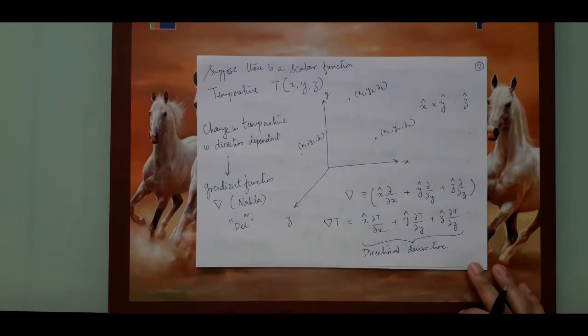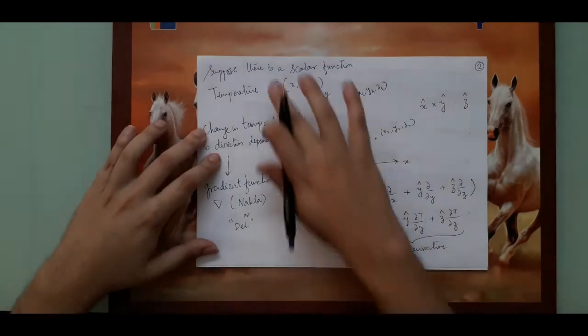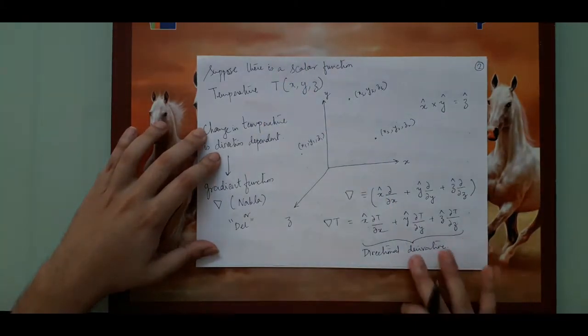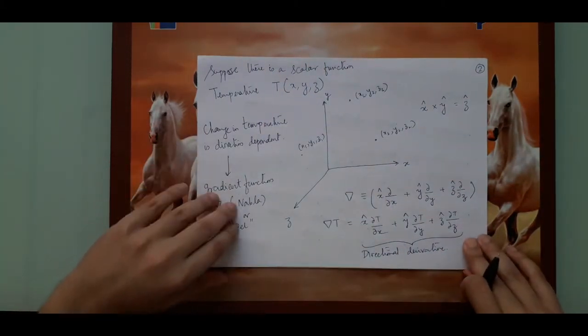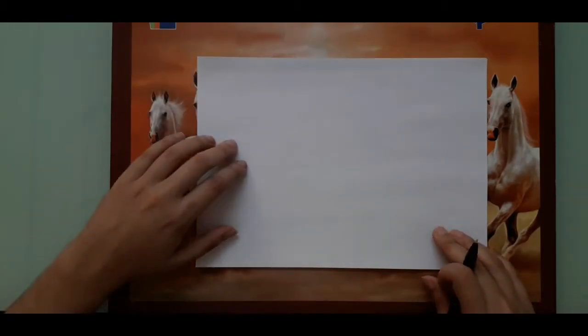We saw how this del operation can be used on scalars to get the directional derivative. Now, how can the del operation be used on vectors?